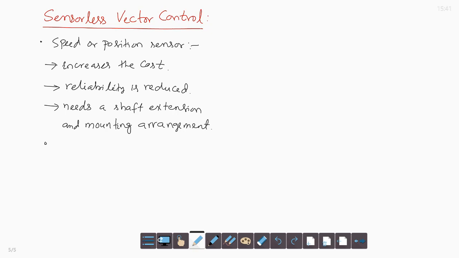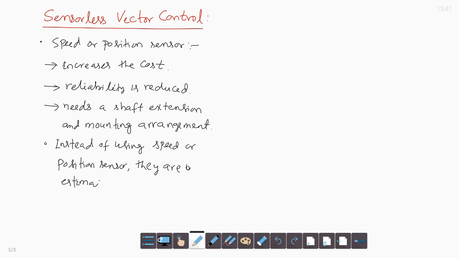So, instead of using speed or position sensor, they are estimated, leading to sensorless vector control drive.